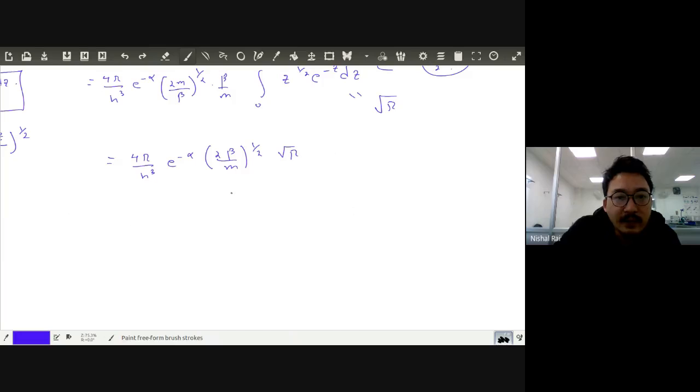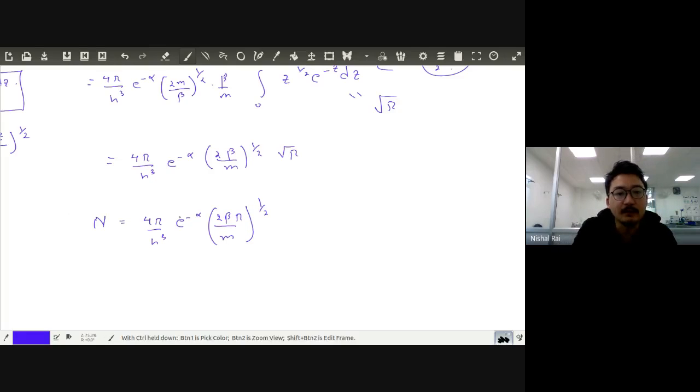So this you can rewrite in this form. In this form, this is basically the total number of particles.